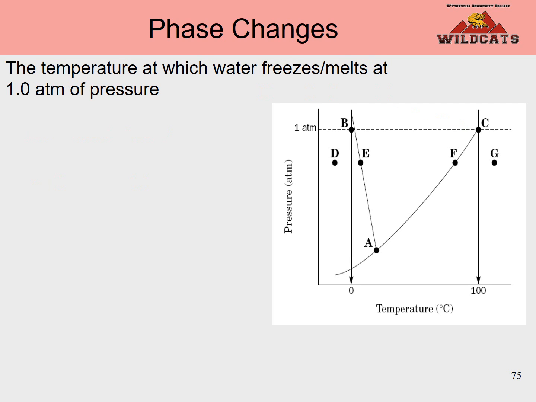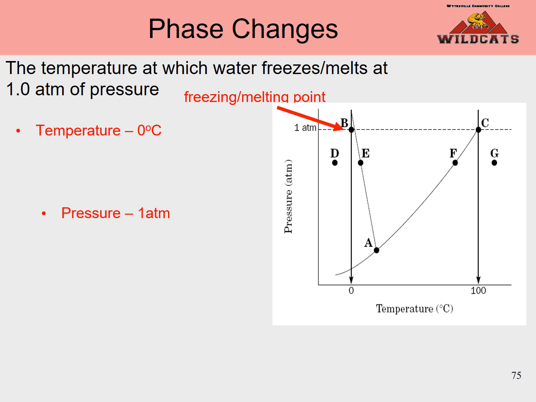The temperature at which water freezes or melts at 1 atmosphere, and pressure doesn't have much of an influence on it at all, is called the freezing or melting point, and that's going to be B, at 0 degrees Celsius. Again, pressure really doesn't influence melting a whole lot.